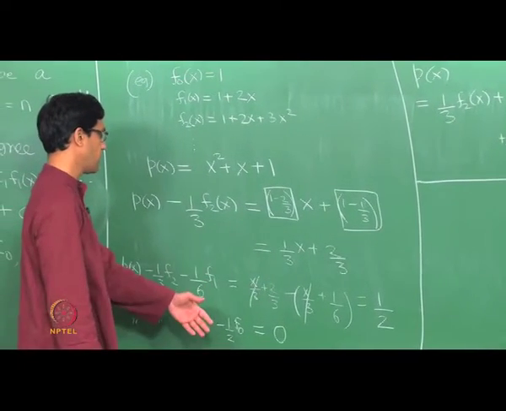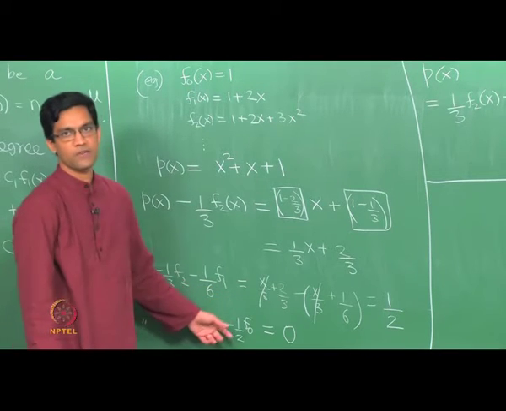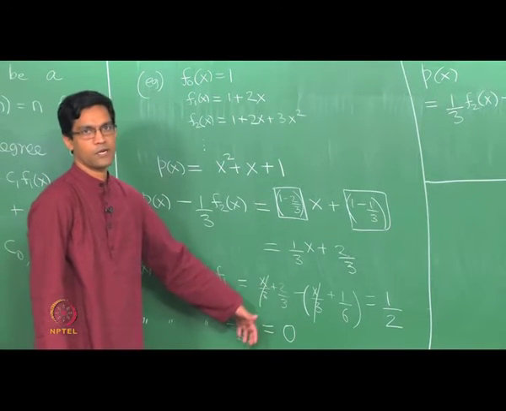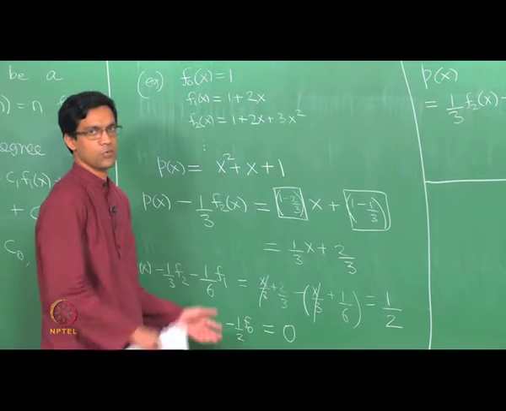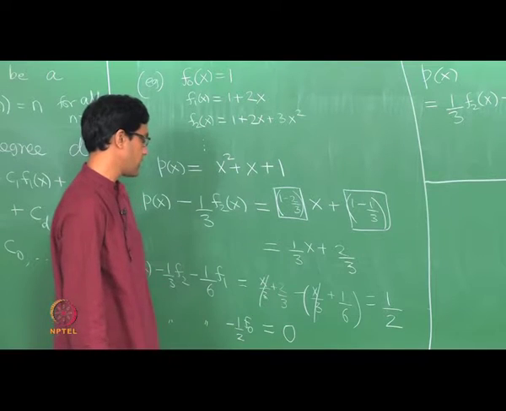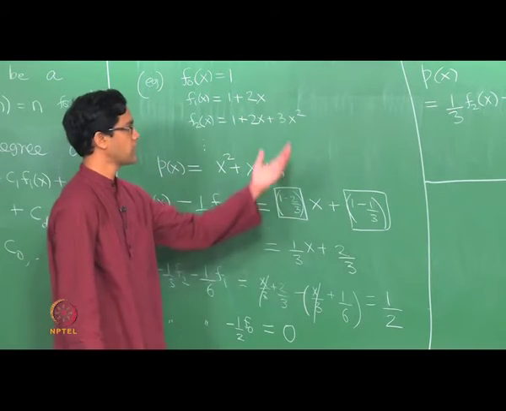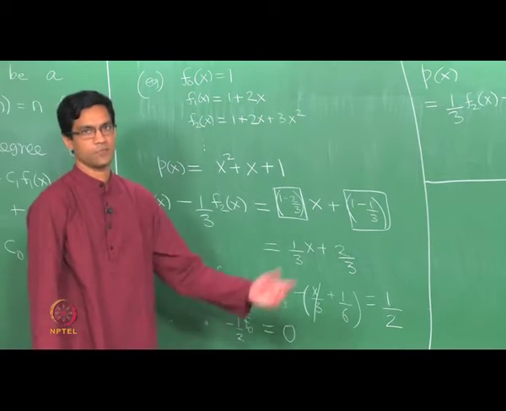Again you match the degree d minus 1 term, subtract out an appropriate multiple of fd minus 1, then of fd minus 2, and so on. When you finally subtract out all the correct multiples, the final answer is always 0, which in turn tells you how to write p in terms of these polynomials.